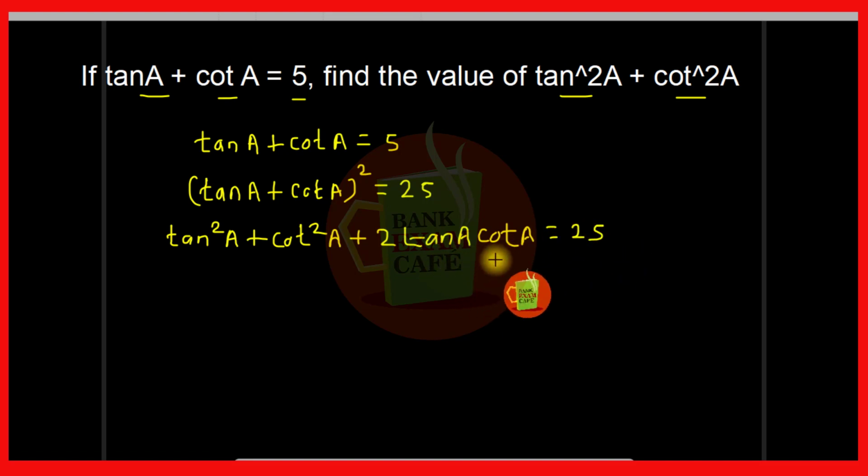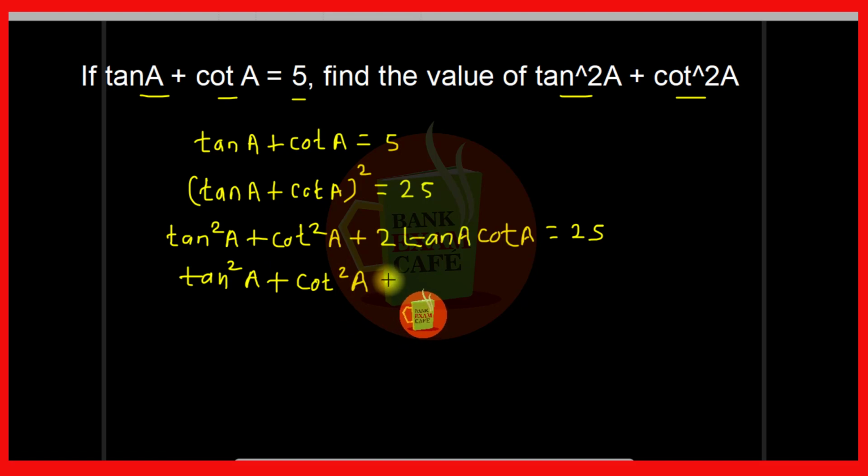Now here tan and cot are the reciprocals of each other, and the product of the reciprocals is always 1. So this tan A into cot A will be 1, and you will get tan square A plus cot square A plus 2 into 1, that is 2, which is equal to 25.